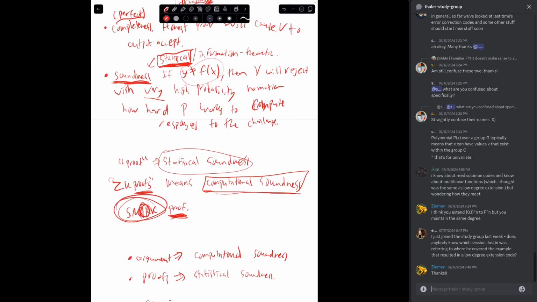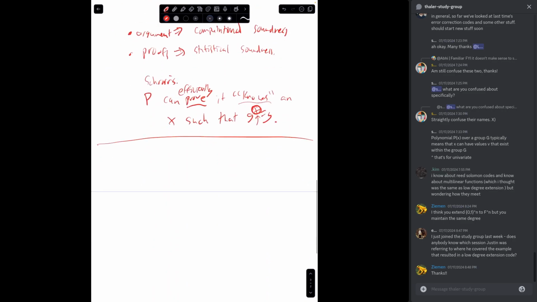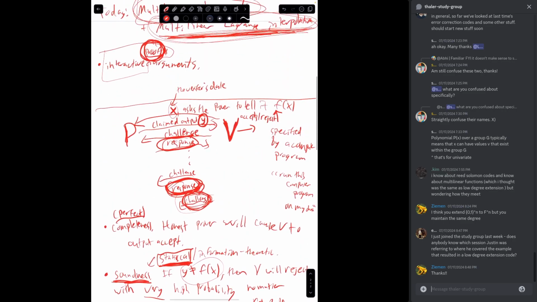I guess the way I would put it is the canonical example, like this outsourcing example I gave, where a cloud computing verifier is asking the cloud to run a computer program on some public data. That's where statistical soundness is a very meaningful notion.